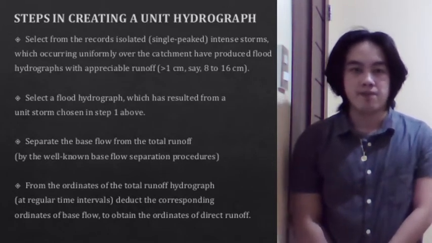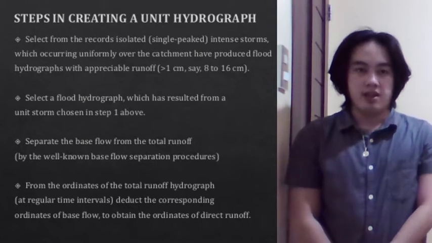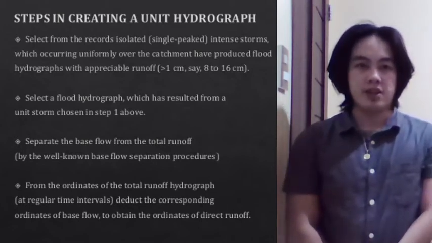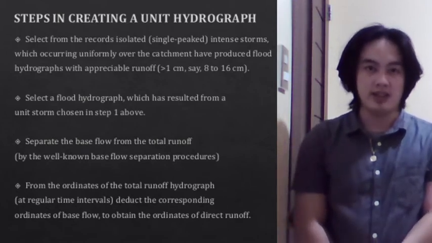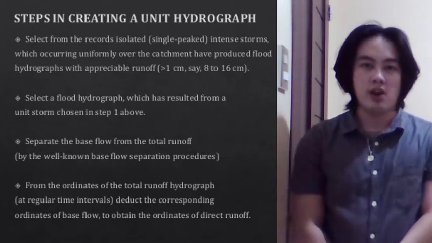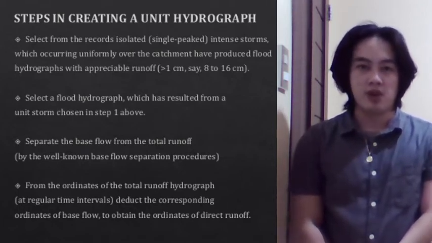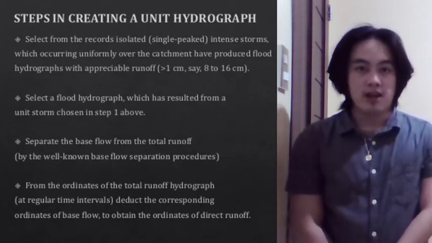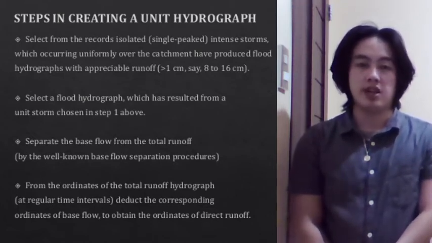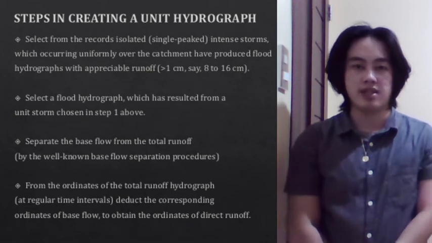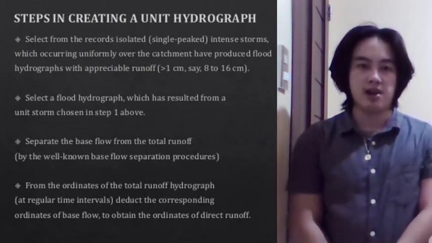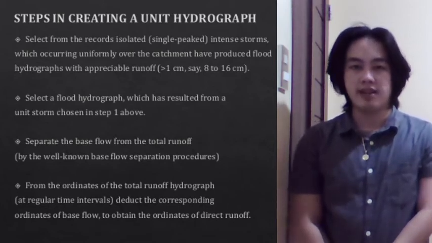Steps to create a unit hydrograph. First, select from the record an isolated single-peak storm occurring uniformly over the catchment, to have produced a flood hydrograph applicable to runoff of 1 cm, say 8 to 16 cm. Second, select the flood hydrograph resulting from the storm chosen in step 1 above.